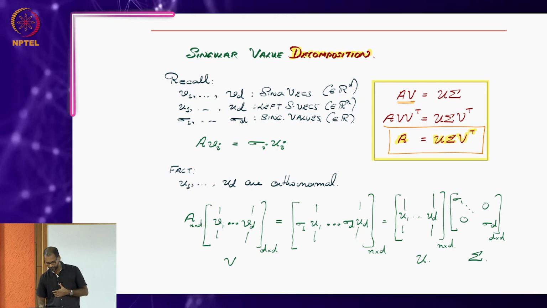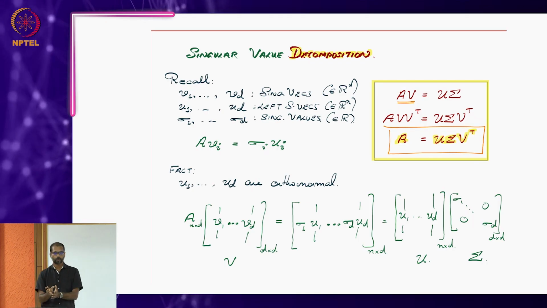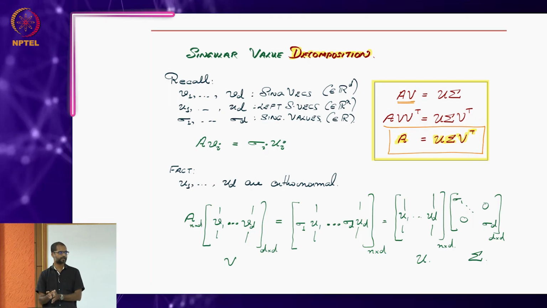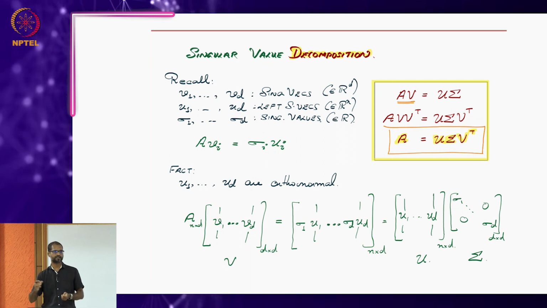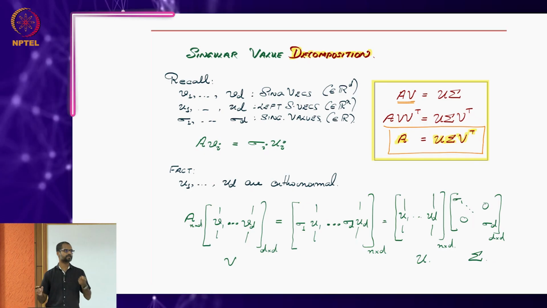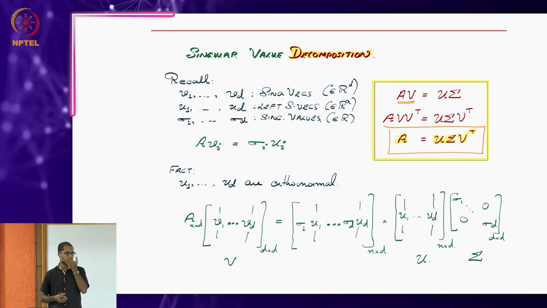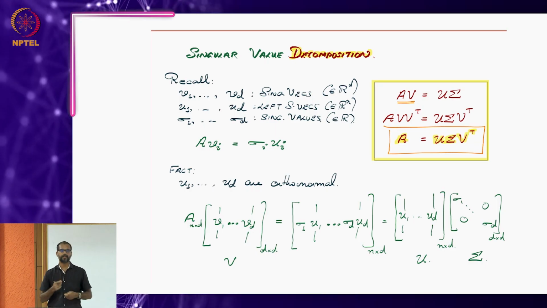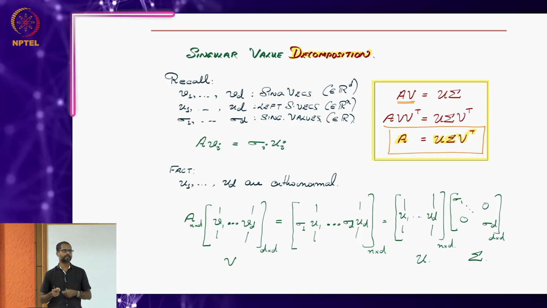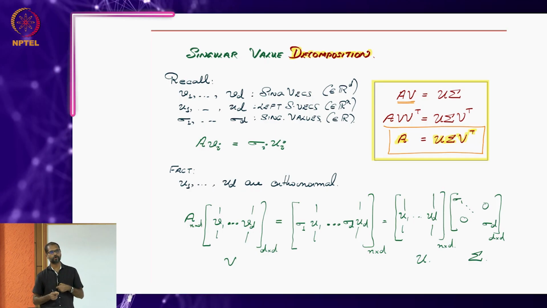The answer matrix you also think of column by column. The first column of the answer is A times the first column of V. The second column of the answer is A times the second column of V, and so on. This is a very useful picture of matrix multiplication to have. You generate the answer column by column, and the ith column of the answer is nothing but A times the ith column of V.